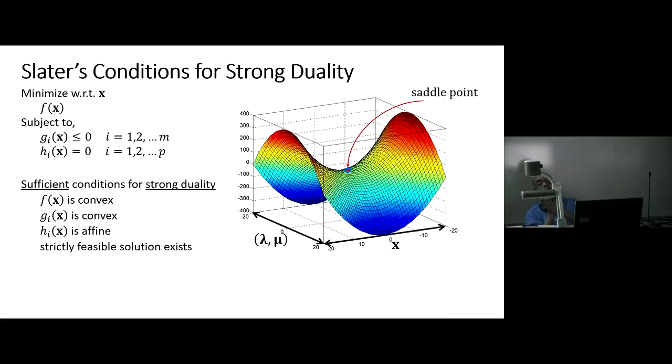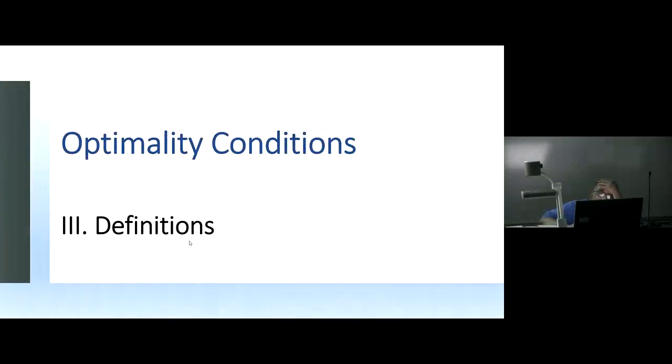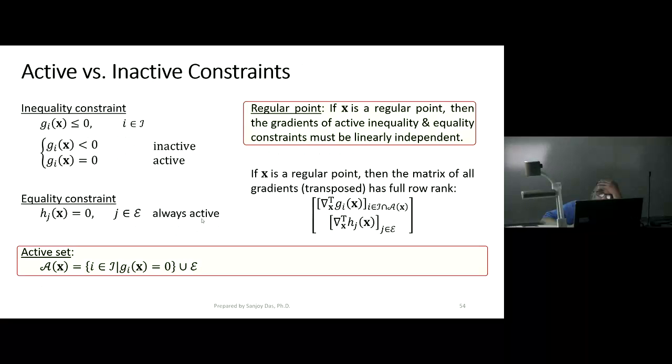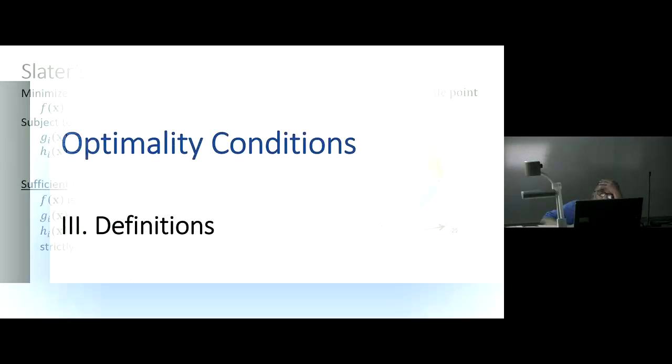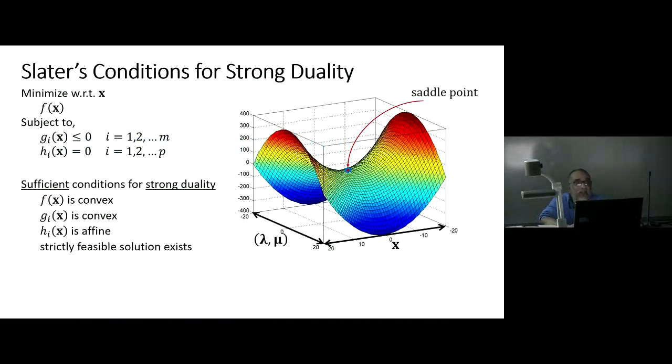And if you remember, I told you that each equality constraint can be written as two inequality constraints. h of x equals 0 can be written as h of x is less than or equal to 0 and h of x is greater than or equal to 0. You have to satisfy both. Okay, so now we move on to optimality conditions.